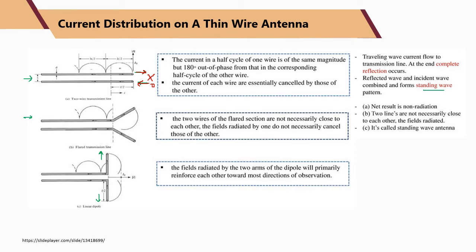Okay, so this lambda over 2 is the length of the standing wave propagation or oscillation inside the structure. Okay, so in these two straight wires, there's no radiation due to the cancellation of the field or the current due to the top and the second conductor.